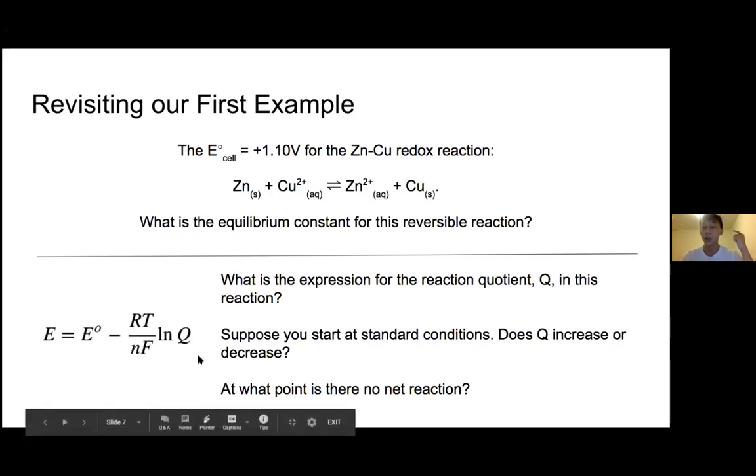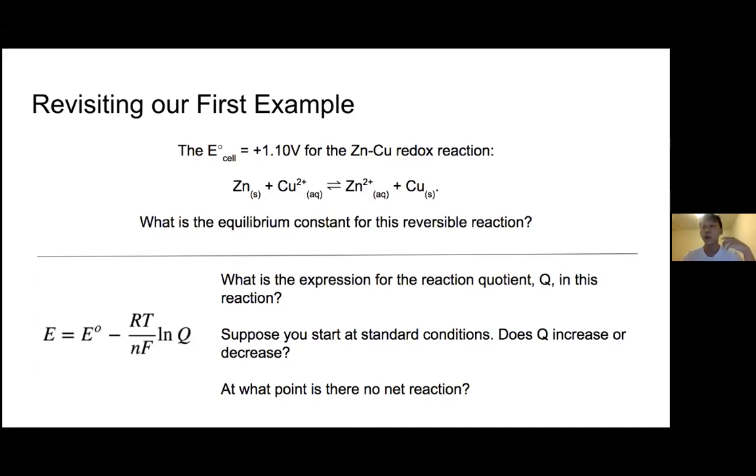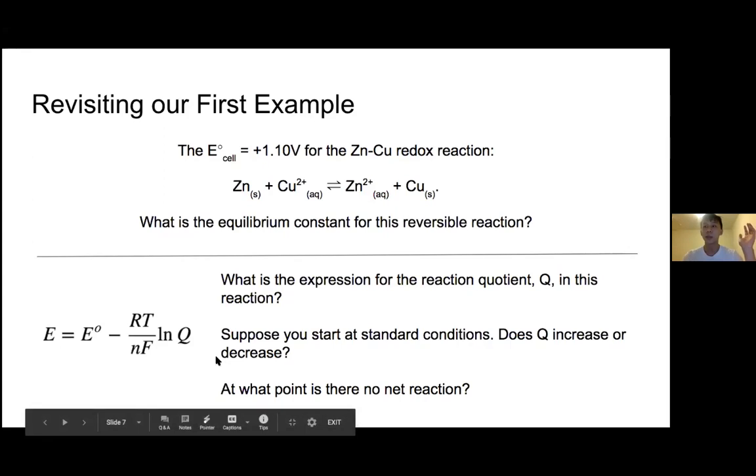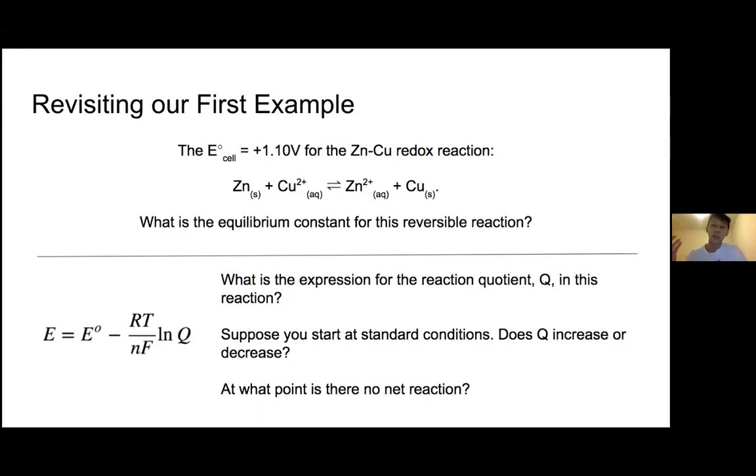The equilibrium constant applies when the free energy is zero, right? When there's no net reaction anymore. And we just learned that electrons like to move up their potential, so it stands to reason that once there is no more potential difference, electrons will not move. There will be no net movement of electrons. If between two points in space or two states there's no voltage difference, no potential difference, then the electrons will not move.